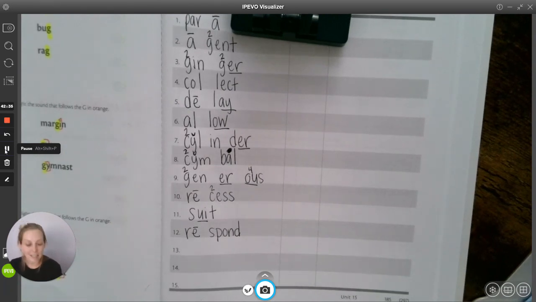Number 13, correct. What is the correct answer? Two syllables. First one is core, so we'll sound it out. K-o-r. Finger spell. K-s, or.